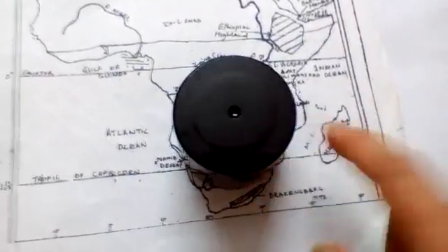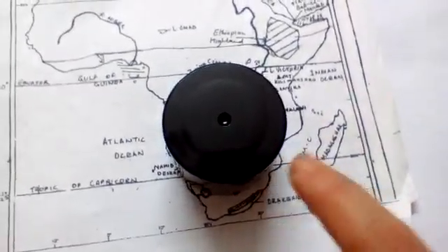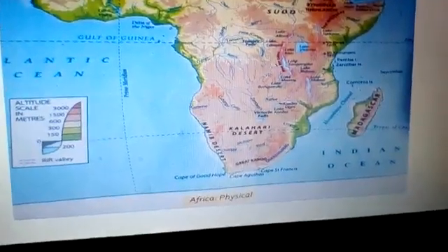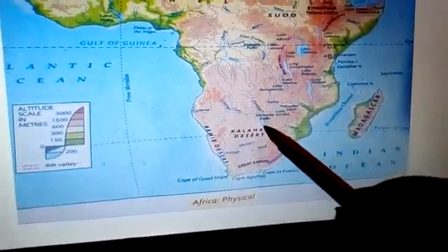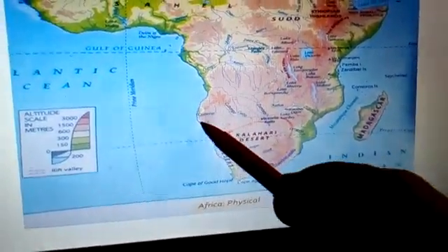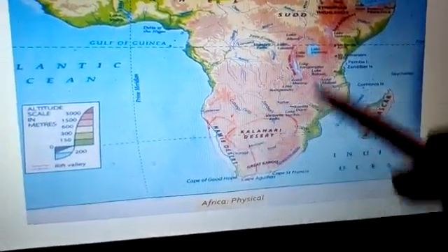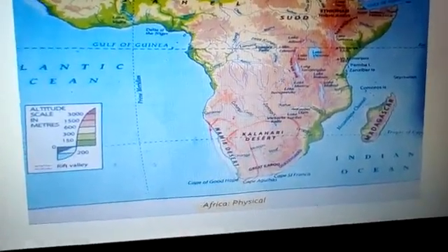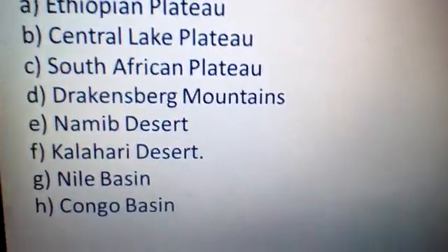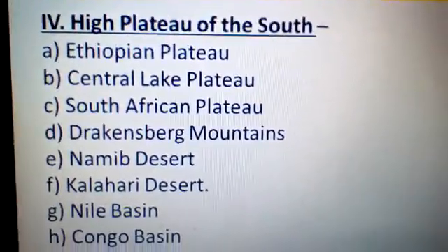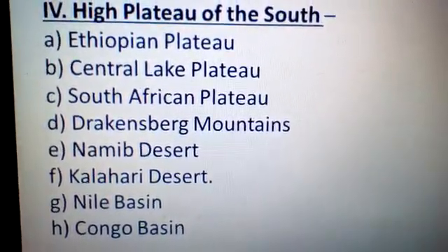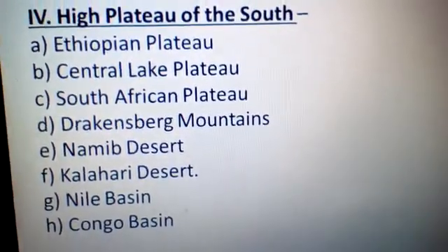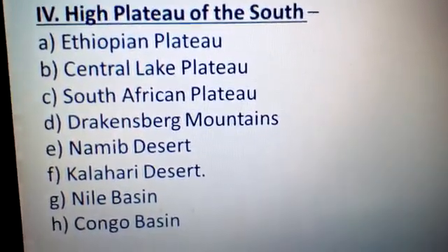So the eastern edge of the plateau becomes really high because it abruptly ends out here. And your Kalahari Desert and the Namib Desert both are included in this high plateau of the south. Although the Nile Basin and the Congo Basin are also a part of this high plateau of the south, we will continue in the next class when I will be discussing the rivers and lakes of Africa in detail.